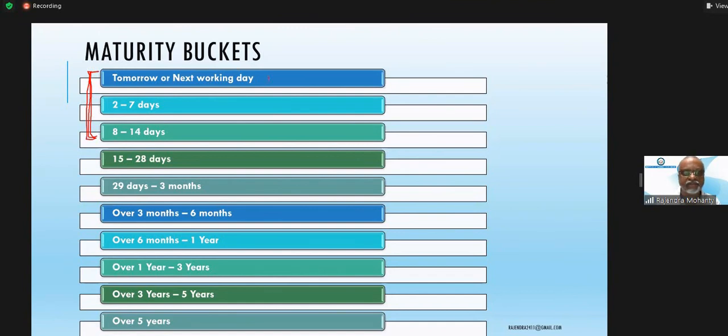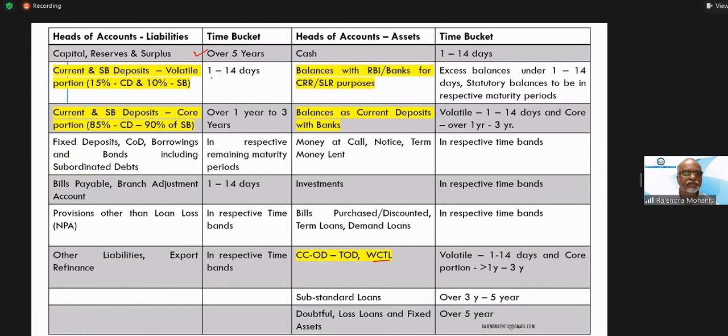So this starts with 1 day, this is 14 days. So the volatile portion can be put under any of the 3 buckets as the bank desires. The stable portion is to be put under over 1 year to 3 years. So that is the thing.